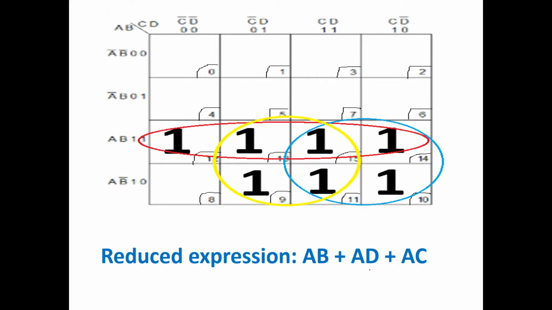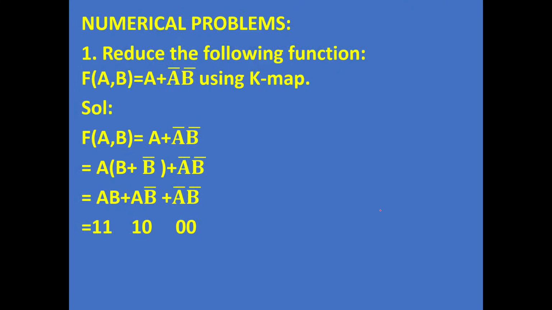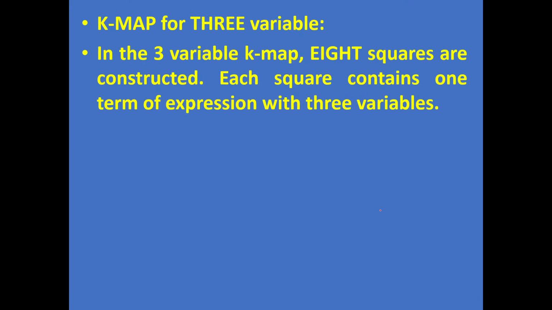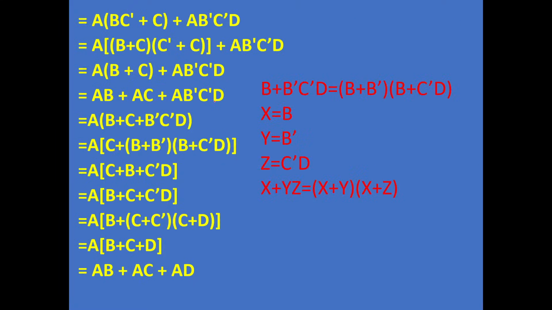If you remember, we got the same answer for Boolean expression reduction. When compared to Boolean expression reduction, I will show you, the same equation is there. This is the Boolean equation, AB plus AC plus CD.